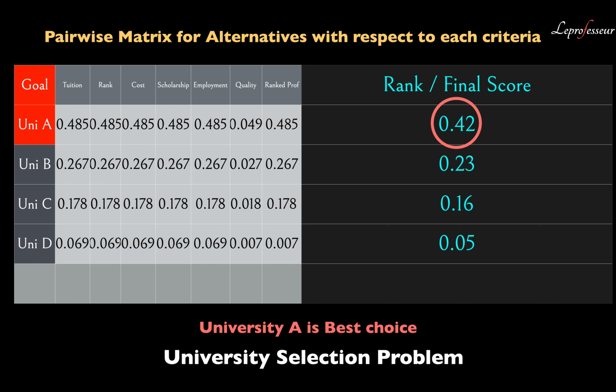One person gives importance to one criterion, somebody else gives importance to another. So the rank and final score will change accordingly. But that's good, because everybody is different, so this helps everyone make a good decision based on their situation. All right, good.